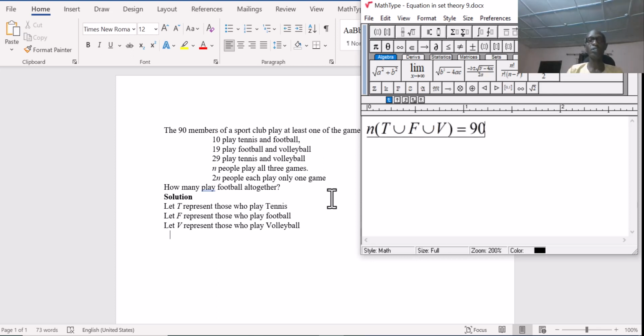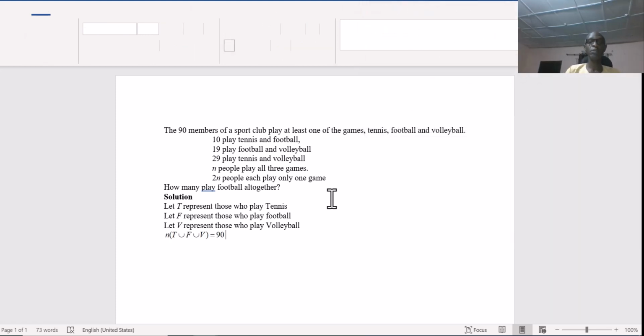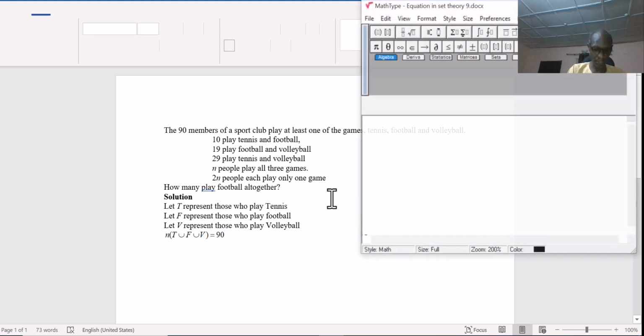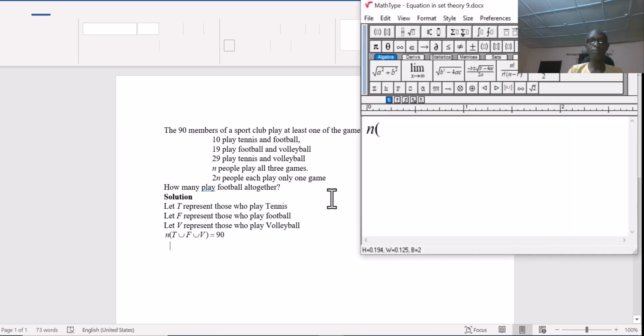Then 10 play tennis and football, so tennis and football, that is 10.